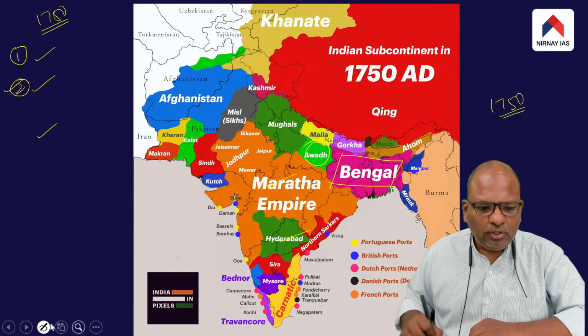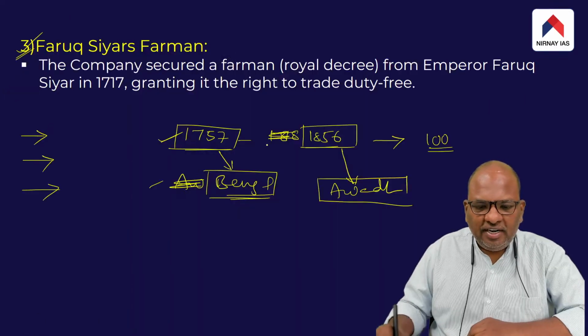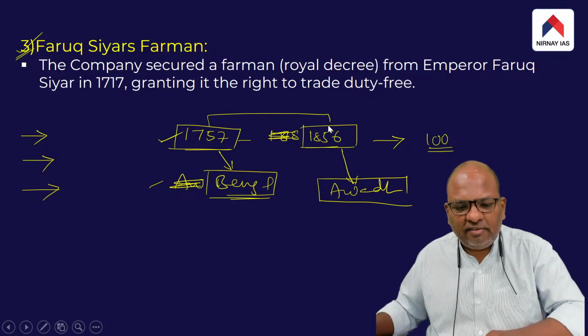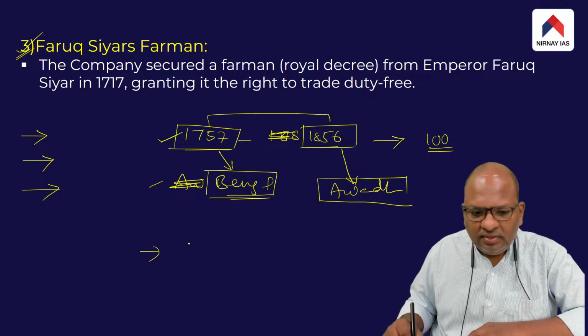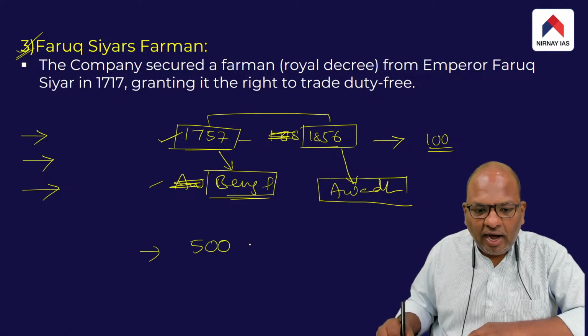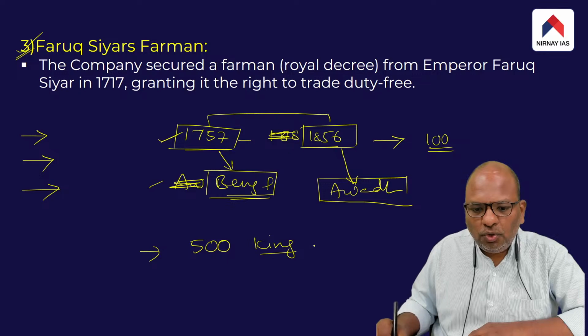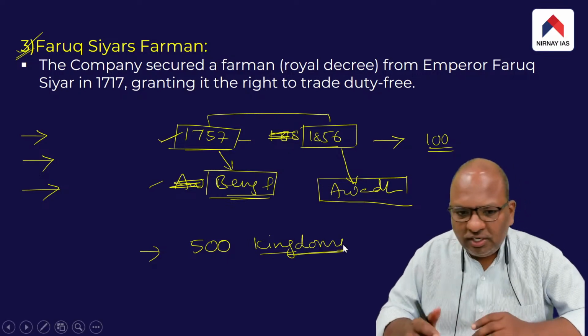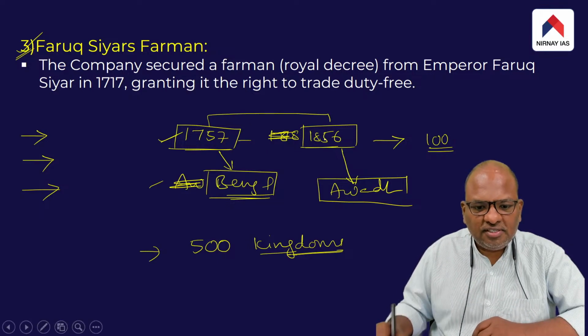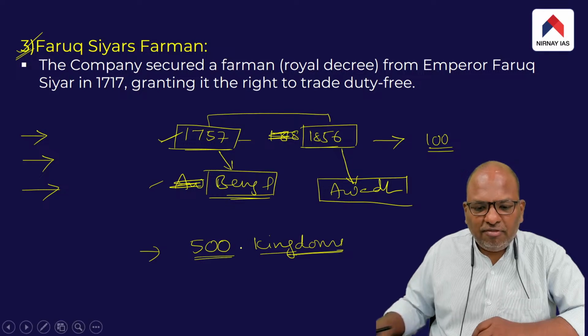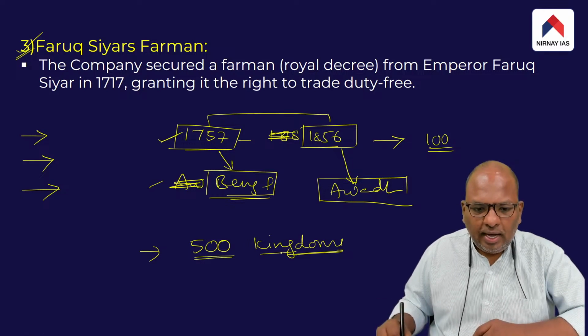During this 100-year period, between 1757 and 1856, the British conquered roughly 500 kingdoms, not one or two.